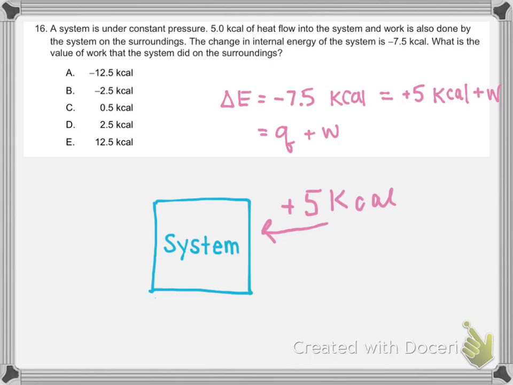And so then we can solve for work by just subtracting over the 5, and we can see that the work is negative 12.5 kcals. And so we would say that the system is doing 12.5 kilocalories of work on the surroundings. And that is answer choice A.